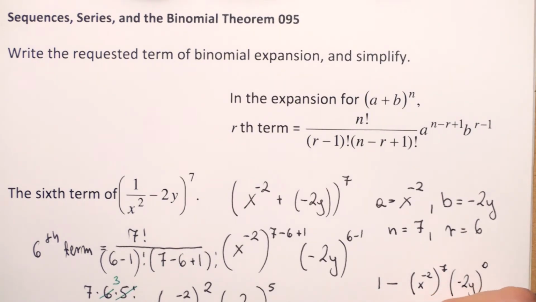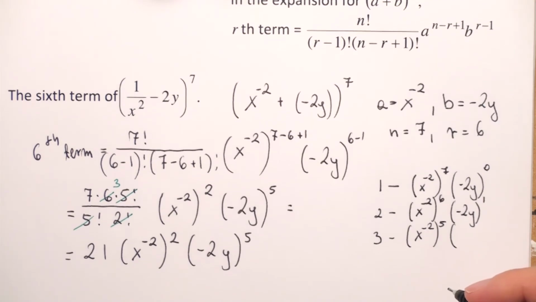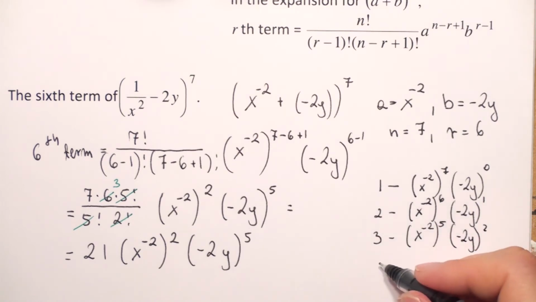The second term will be x to the negative 2 to the 6th power, one less, and negative 2y will be to the power 1. The third term will have x to the negative 2 to the 5th power, and negative 2y is to the 2nd power.